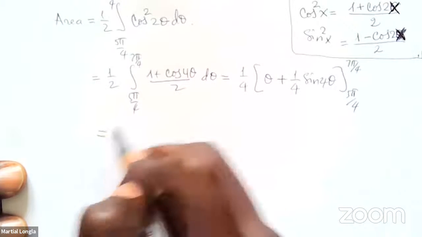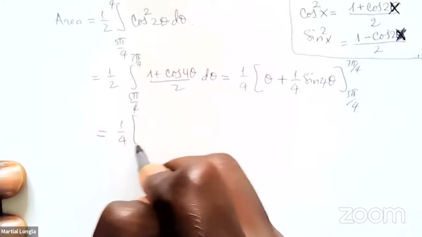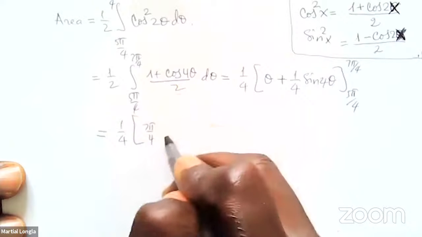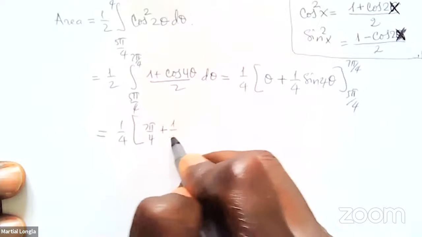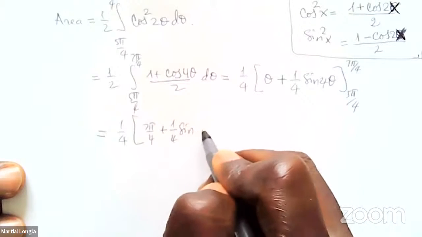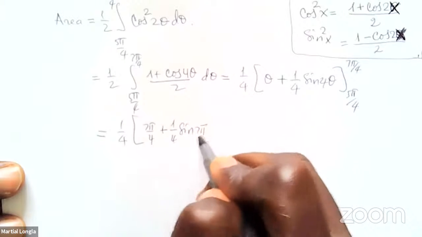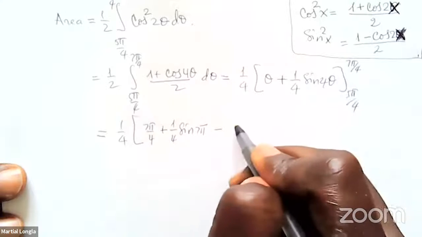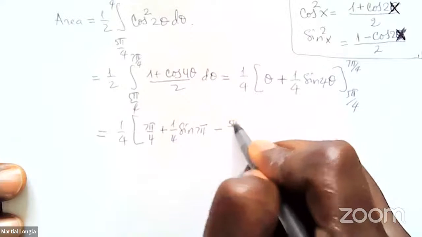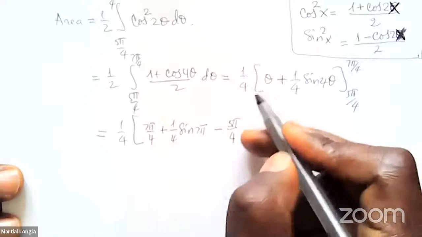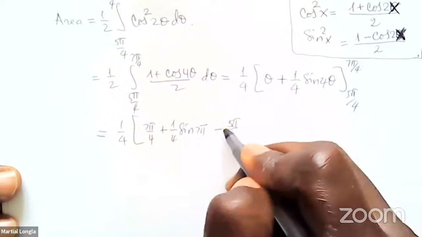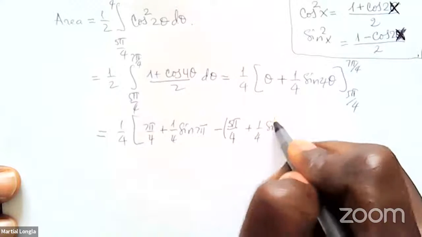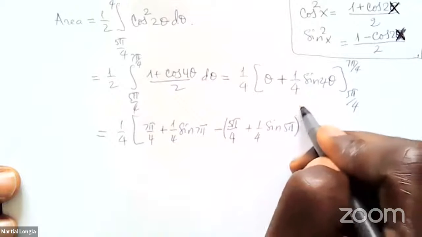And that is equal to 1/4 7 pi over 4 plus 1/4 sine of 7 pi, because that's 7 pi over 4 times 4, minus 5 pi over 4 plus 1/4 sine of 5 pi.